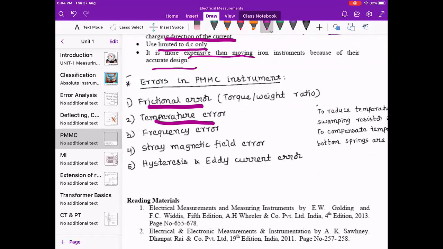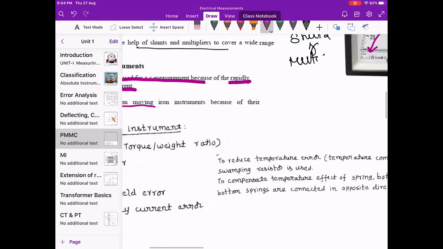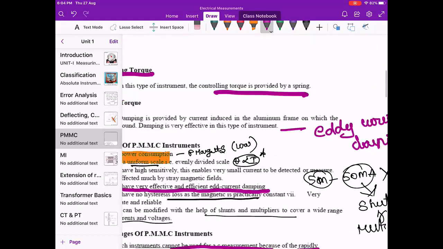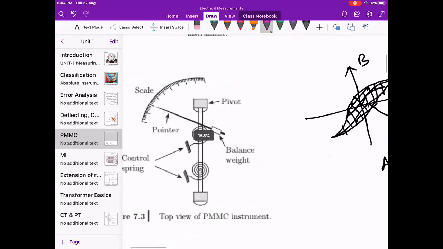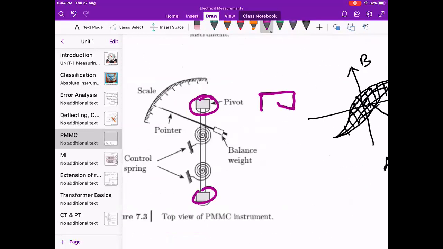What we mean by frictional error here is that, see, if you see the structure here, it consists of a pivot, right? The pivot structure will actually look like this, and this is the spindle, and it will be like this normally. Okay, and the spindle is gently placed on these jewel bearings.